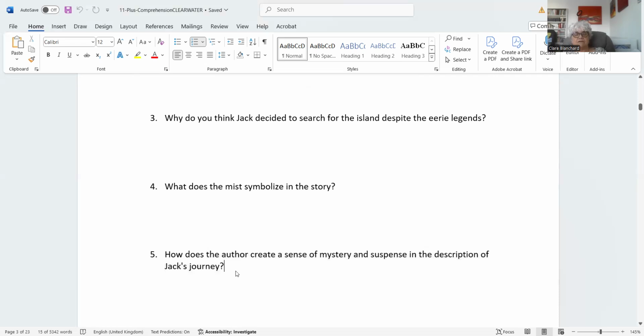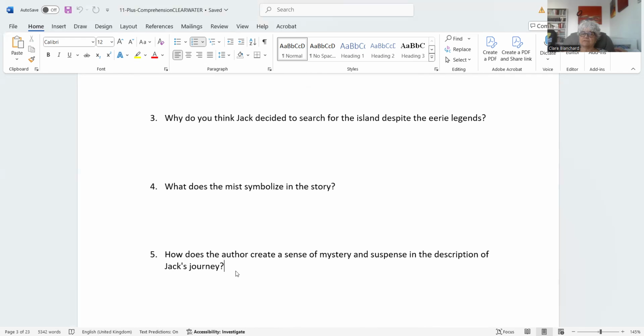The author creates a sense of mystery and suspense in the description of Jack's journey by referring to mist and darkness in the setting, and then you could have your quotation, by using vocabulary such as eerie, and by emphasizing the visually frightening appearance of the island in the ancient trees twisted in the looming darkness. Yes, so that's how I would do it.